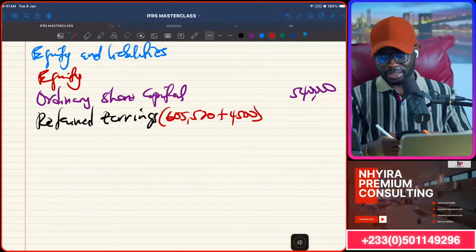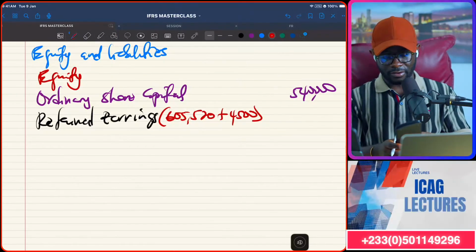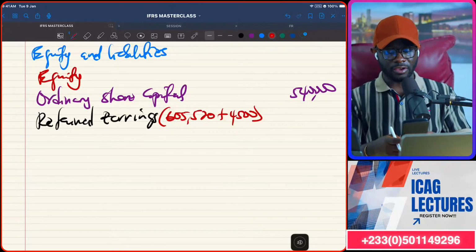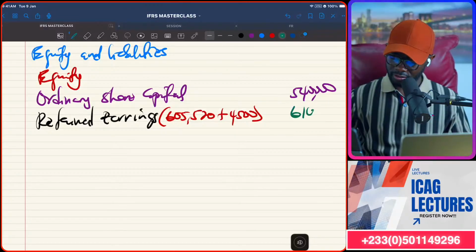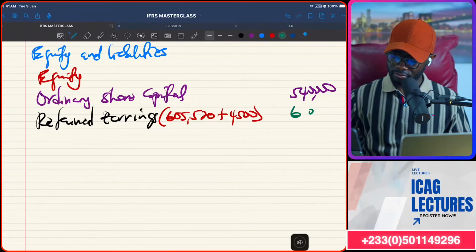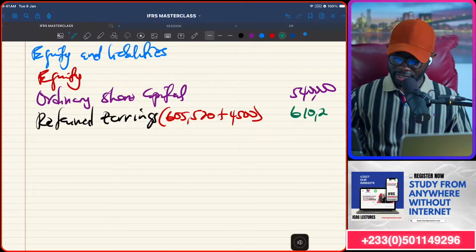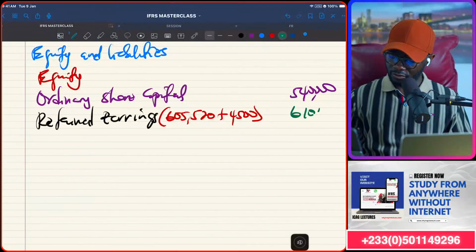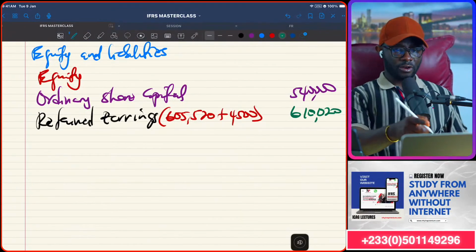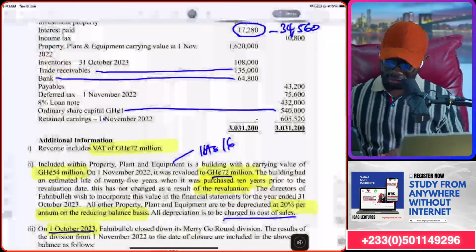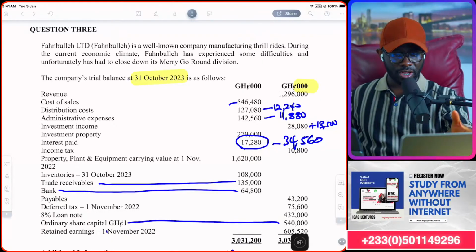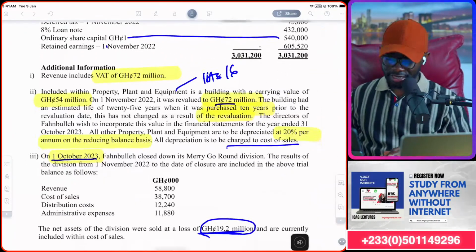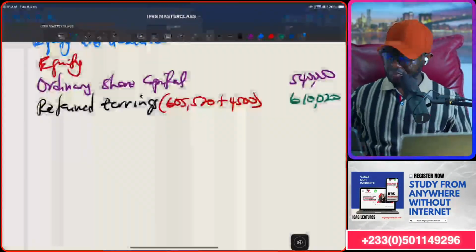We could have done it as a separate working, 605,520 plus 4,500, and that is 610,020. No dividend was paid during the year, because if they had paid any dividend, it would have also been deducted from the retained earnings. But in the trial balance, we've gone through all the items. No dividend was paid. They didn't also issue any shares.